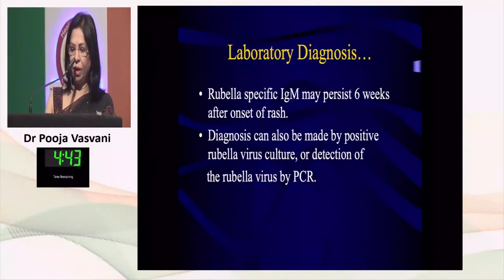Rubella-specific IgM may persist for 6 weeks after the onset of rash, which can sometimes cause diagnostic dilemma. Diagnosis can also be made by positive rubella viral culture and detection of the rubella virus by PCR.